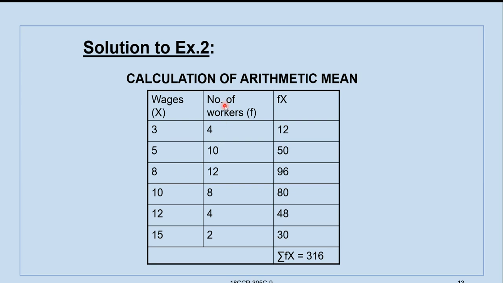And of course, we have to add all these frequencies also, that is sigma f, summing up. This is also called n. So n is 4 plus 10, 14 plus 12, 26, 34, 38, 40. So sigma f, or n, is equal to 40.